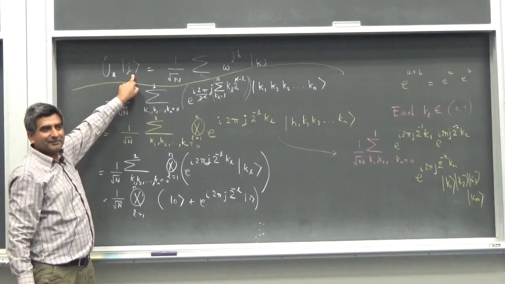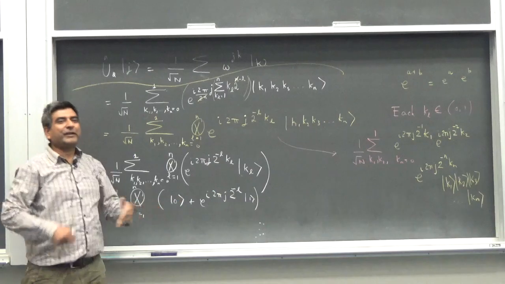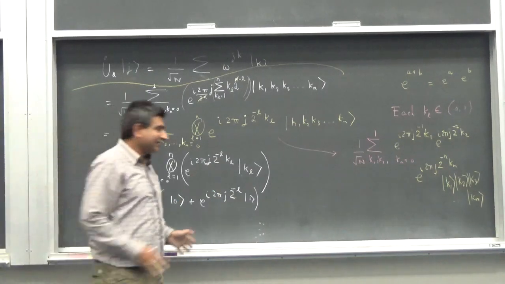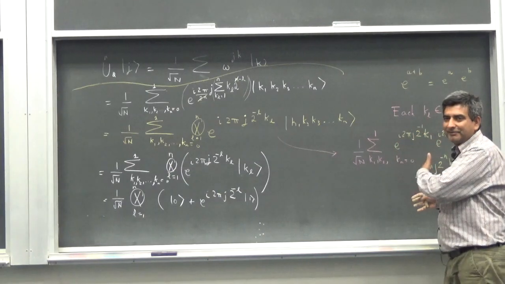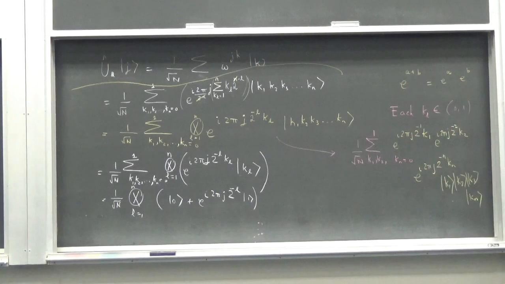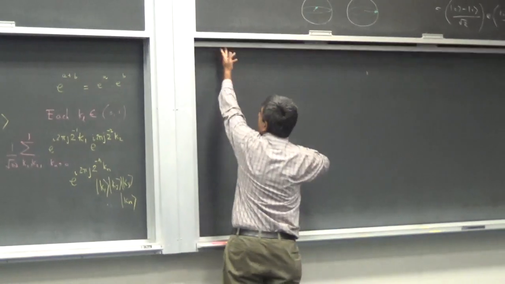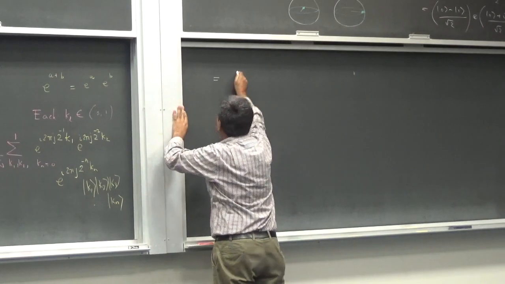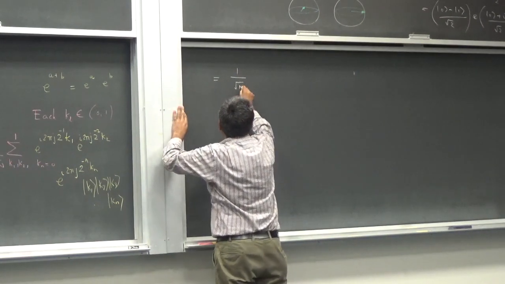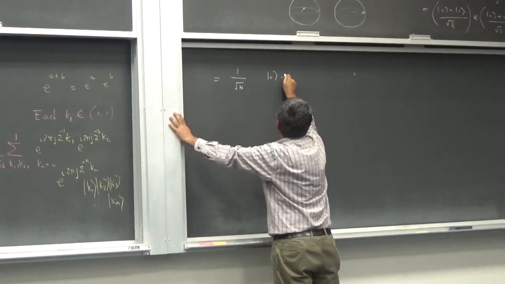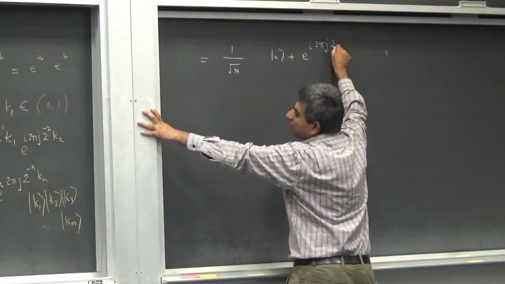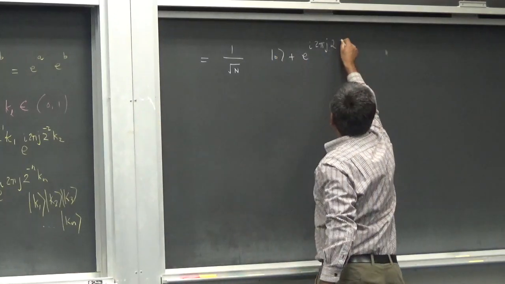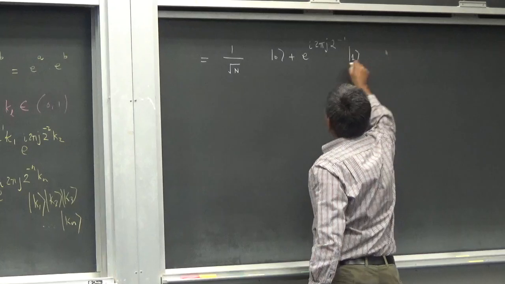And if I were to expand this for ease of understanding, this is just a tensor product of n qubits. For ease of understanding, let me write this out. 1 over root n. First qubit ket 0 plus e^(i 2 pi j 2^(-1)) ket 1. This is my first qubit.